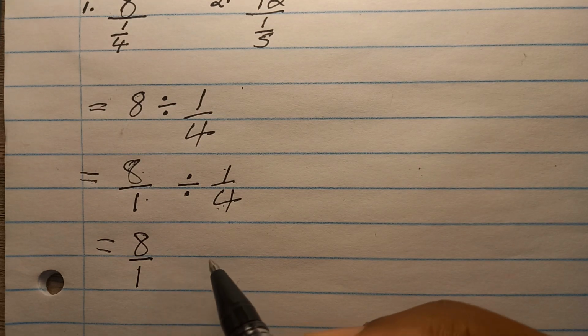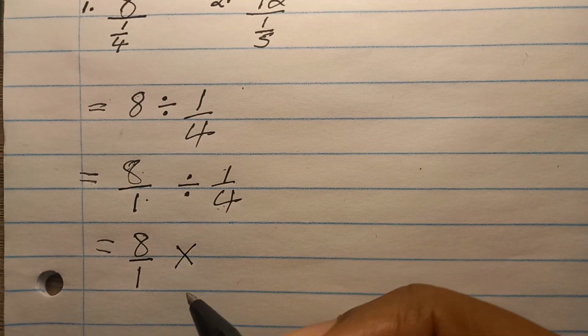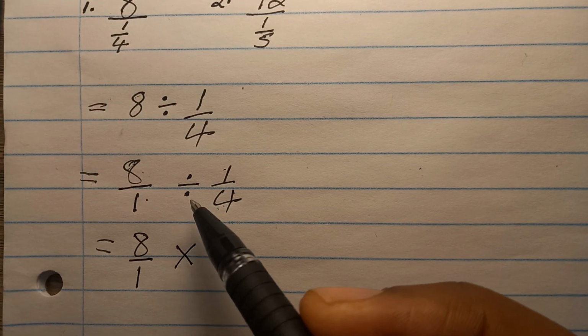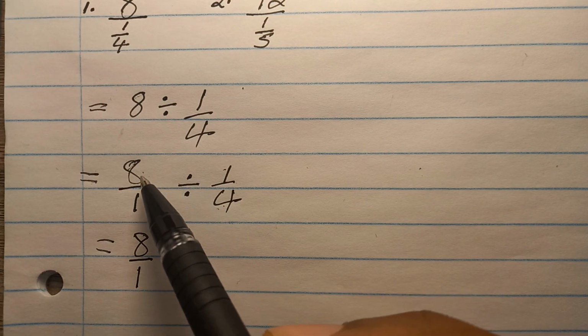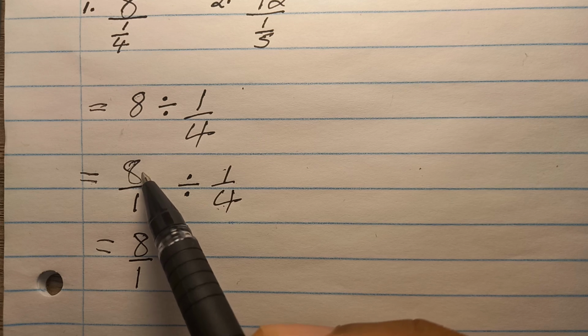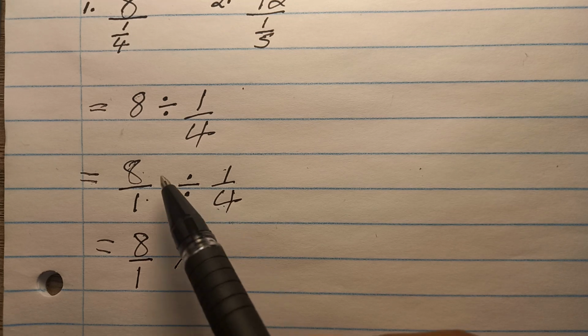Instead of a division here, we put a multiplication sign. When multiplying, we start with the numerator on the left side, multiplied by the denominator on the right side, which is 8 multiplied by 4.